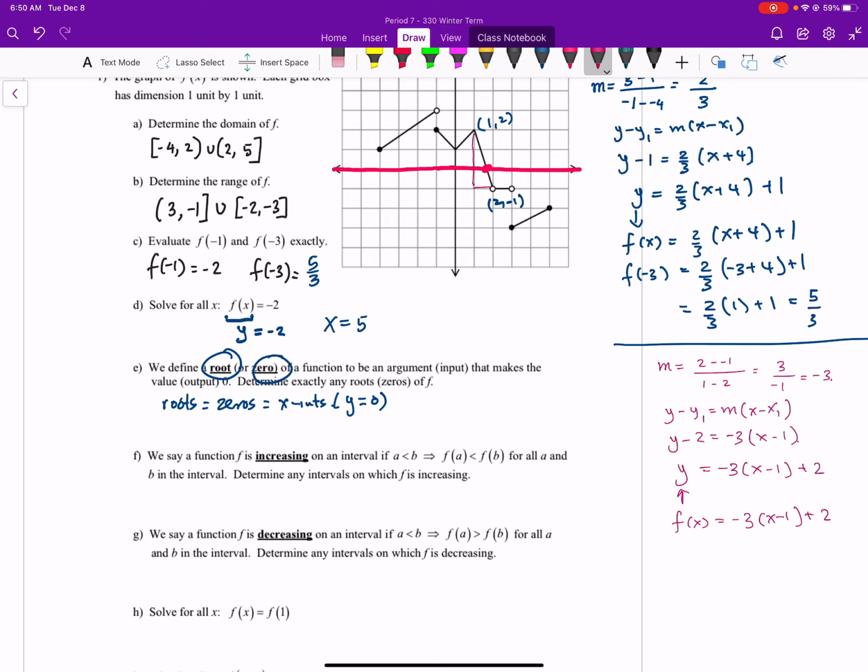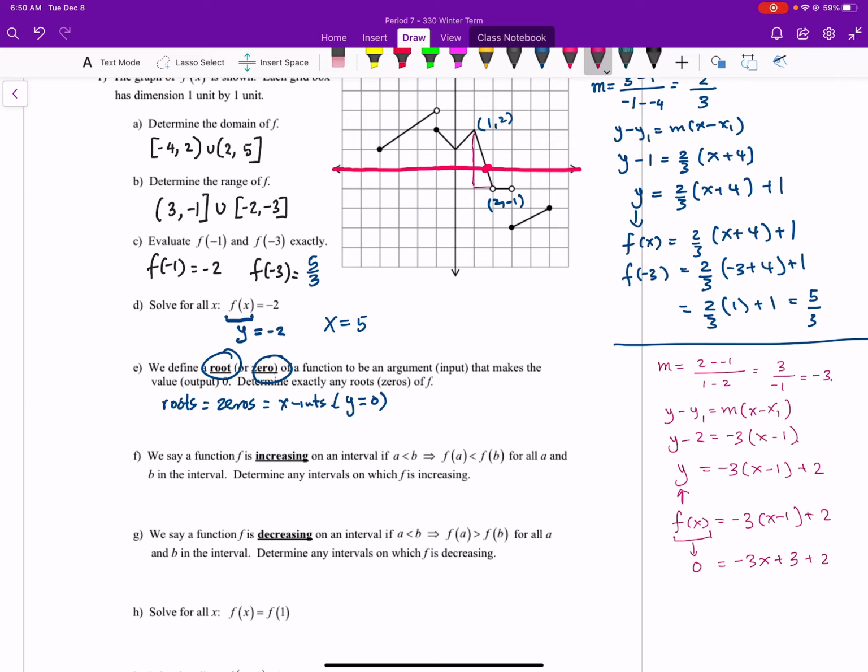So the question is saying, look for all the what? All the arguments whose output is 0, whose f of x is 0. So that means we're saying 0 is equal to minus 3x plus 3 plus 2.